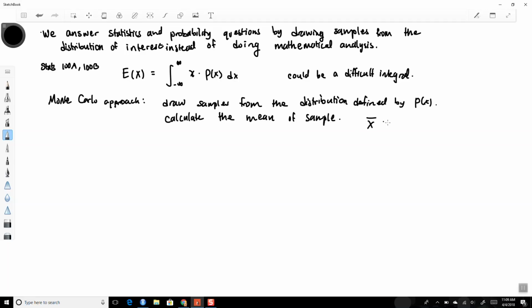And basically, the x bar of your sample will be approximately equal to the expected value of x, okay?